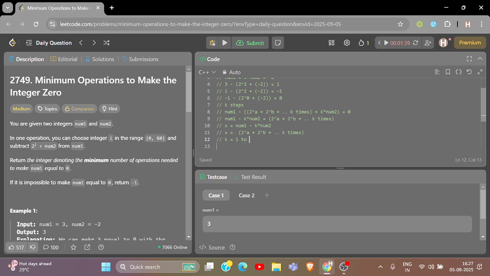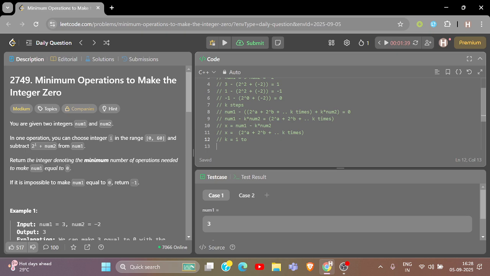But if we reach our final answer, or our k satisfies this condition, then I can say that is the minimum answer, because we are going from k equal to 1 incrementally.